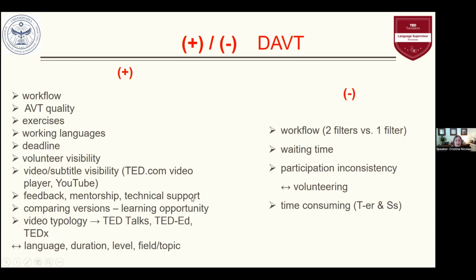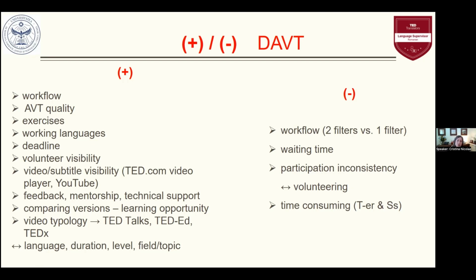We have a technical support team. And a huge advantage is the fact that once your material is published, so goes online, you can compare as a translator, you can go back to the material and access one feature, and you see what has been changed by the reviewer, and you can learn from that. So it provides this learning opportunity to compare versions.